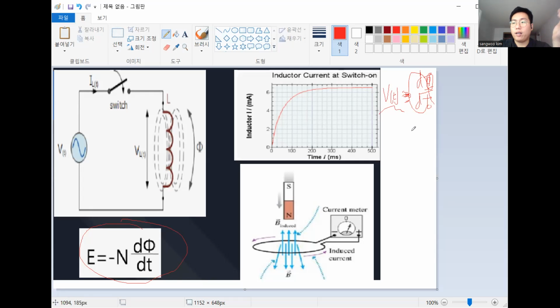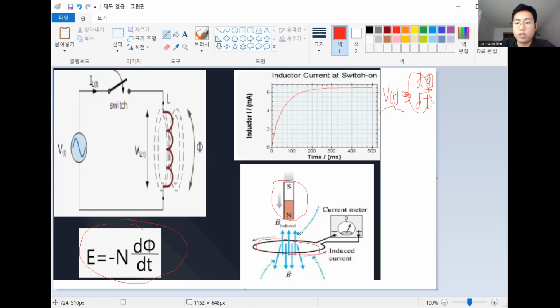For example, look at that. What I meant by inertia is this: this is a magnet, right? The magnet is coming to the coil. But because of inertia, the coil makes it go this way.